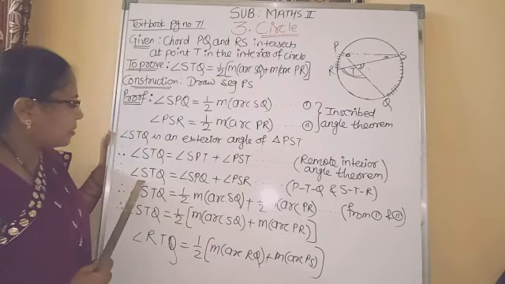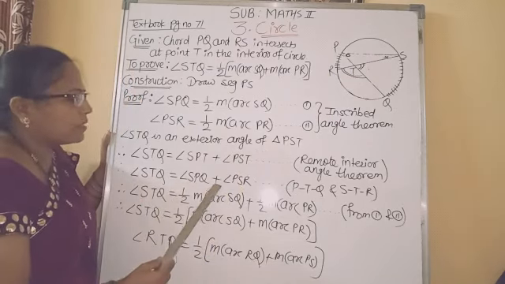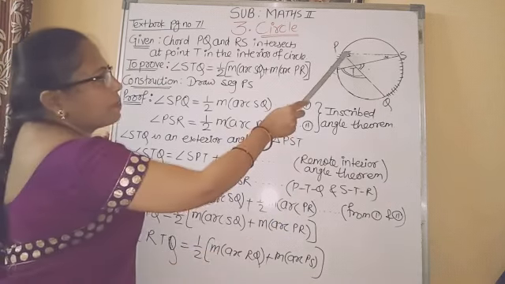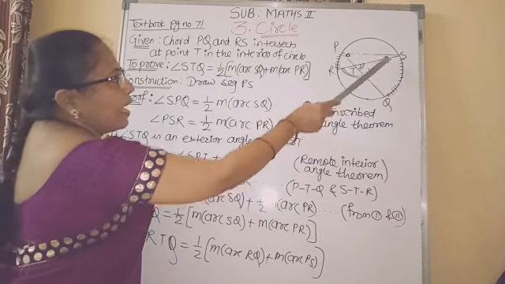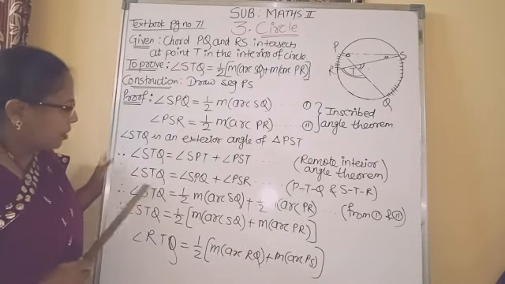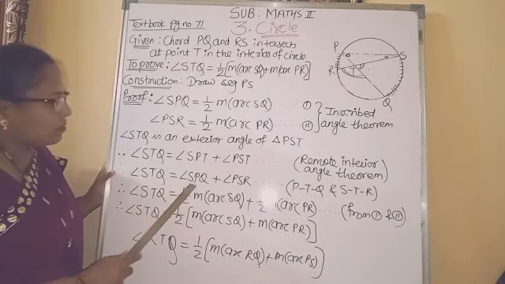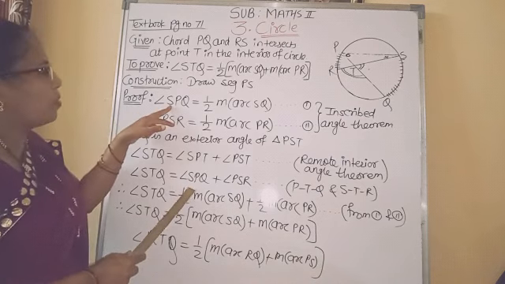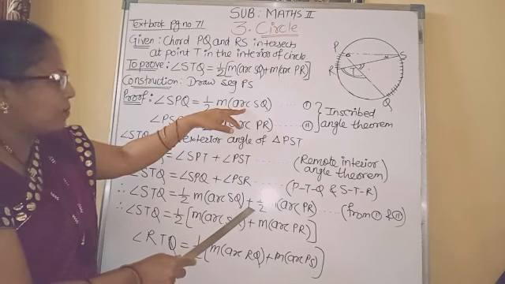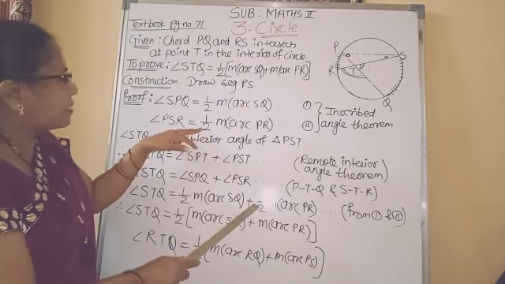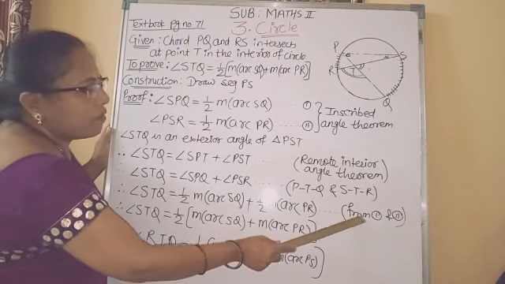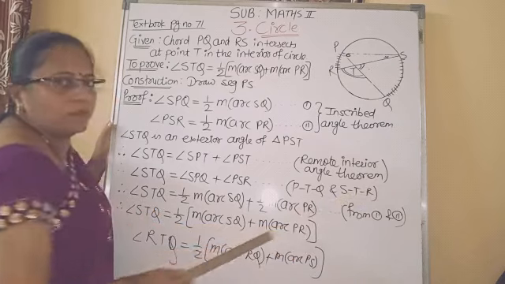So angle STQ is equal to angle SPQ plus angle PSR. Reason: we can write between P-T-Q and S-T-R. Therefore angle STQ is equal to, here angle SPQ we got half of measure of arc SQ plus angle PSR is equal to half of measure of arc PR. Reason: from 1 and 2.